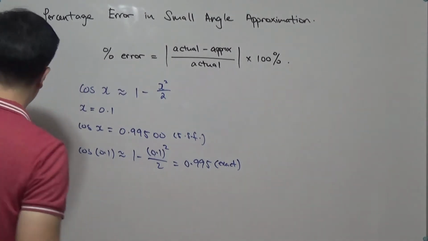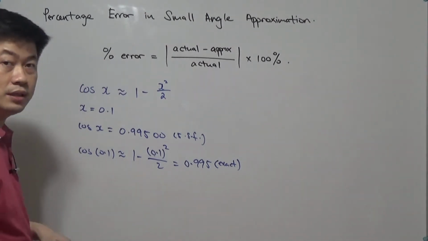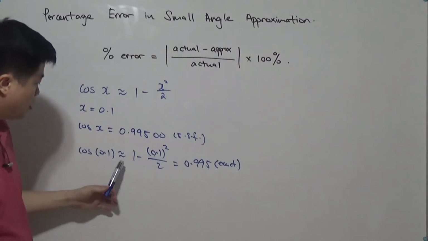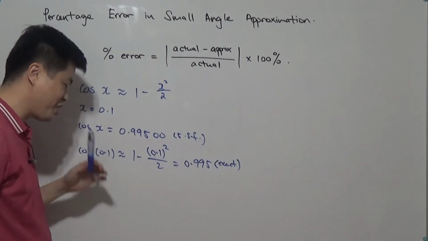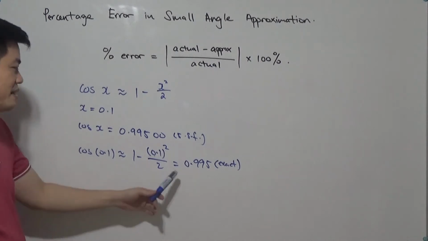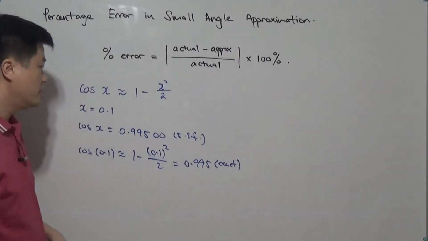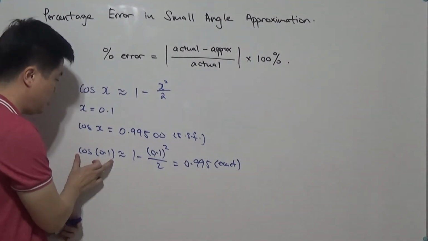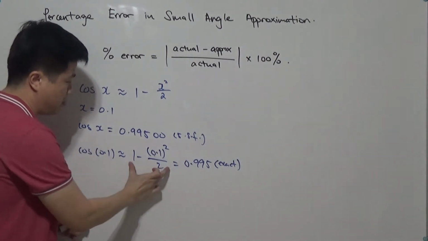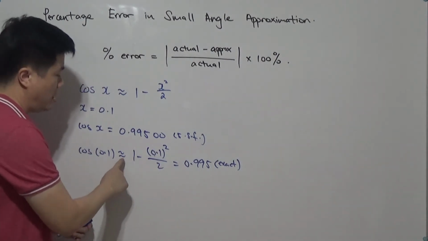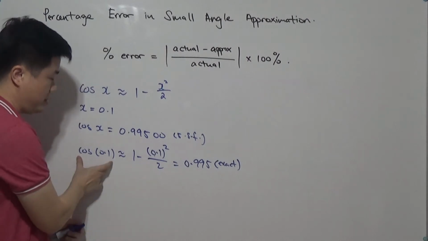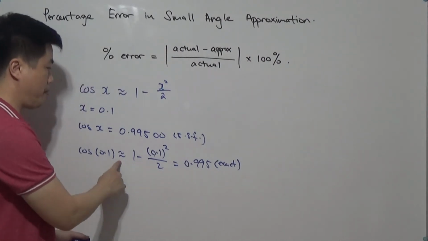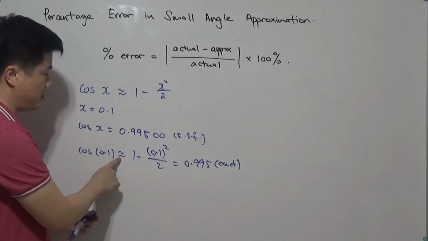Now, before I move on, I just want to talk about some presentation over here. You notice that I actually put a curly equal sign here, and then an equal sign over here. Now the thing is, when we compare this to this one, it is actually approximately equal. We know that this is not exactly equal to this, so this is approximately equal to this, and that's the reason why we use this, right?